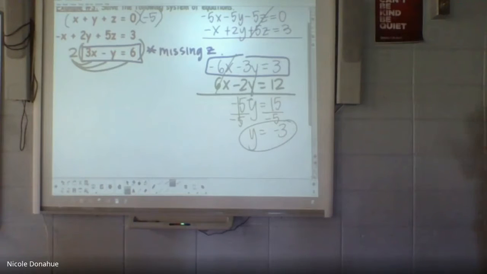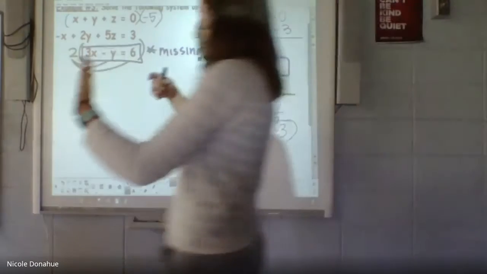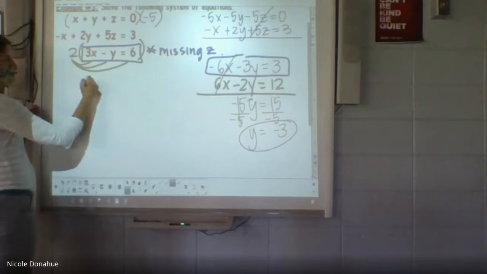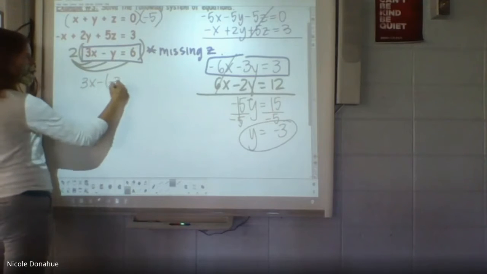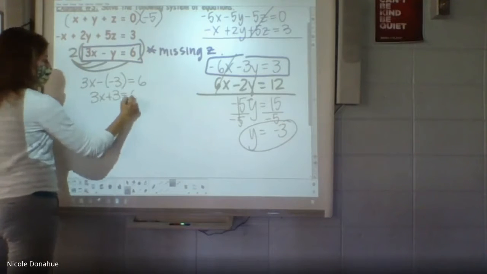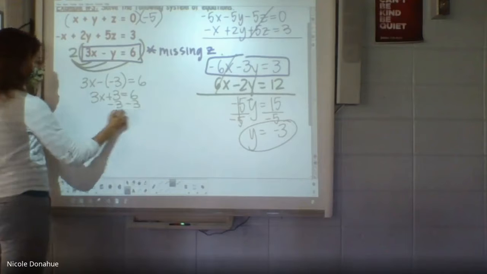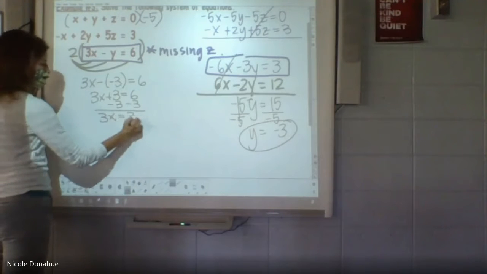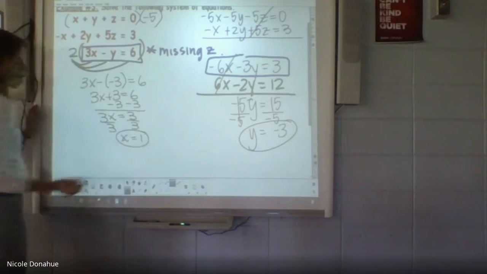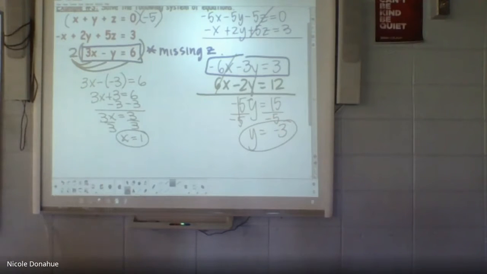Now that I have that -3, I can work my way backwards. So I know what y is. I can go back a step and figure out my x, and then go back 2 steps and figure out z. I know x is 1.